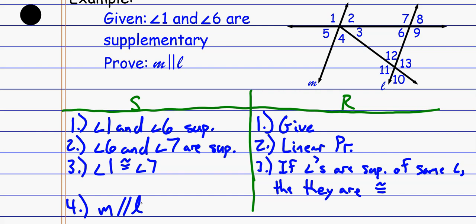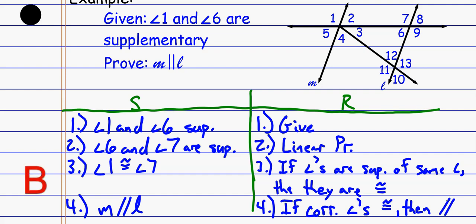And how do I know? Well, it was that converse that we just talked about earlier in this lesson. Okay, corresponding angles are congruent, the lines are parallel. And do I have the situation that I need for that? Yes. Okay, so simplify it a little bit. Just say if corresponding angles congruent, then the lines are parallel.